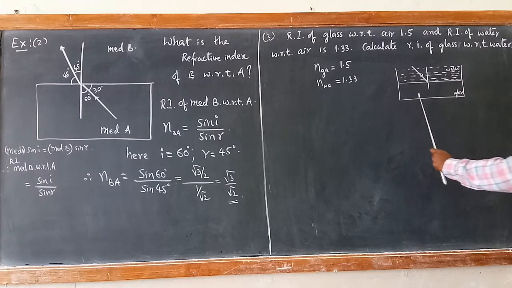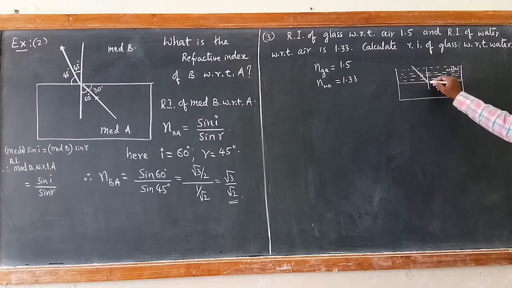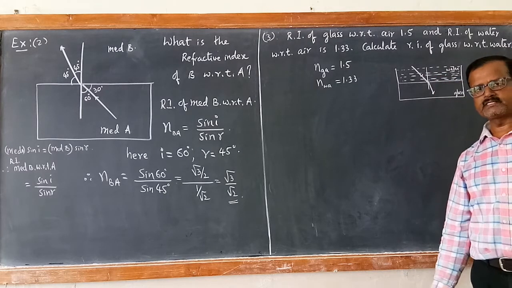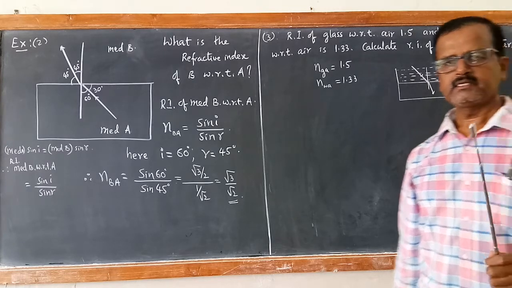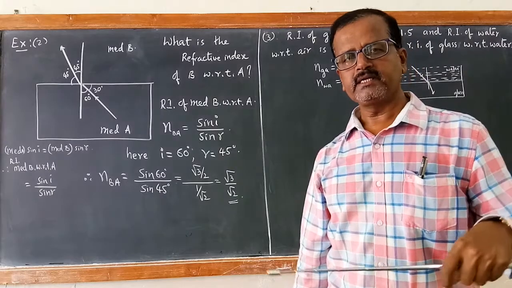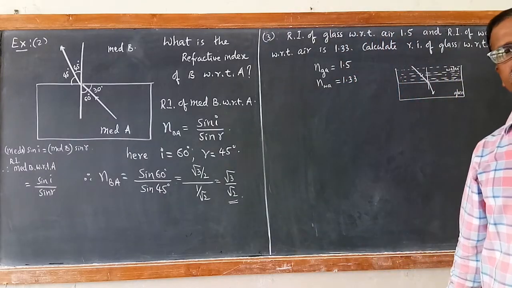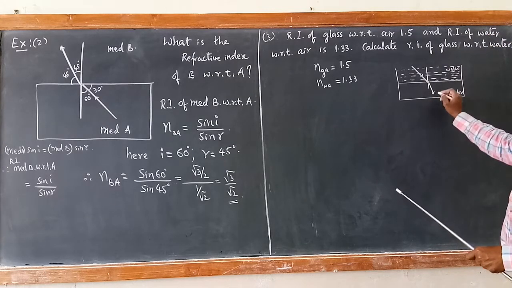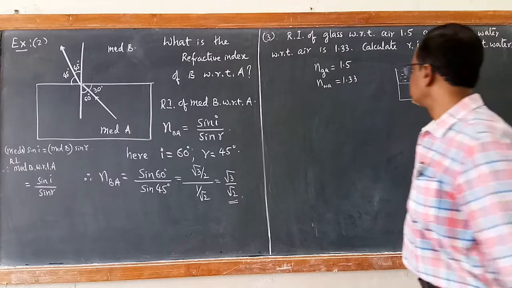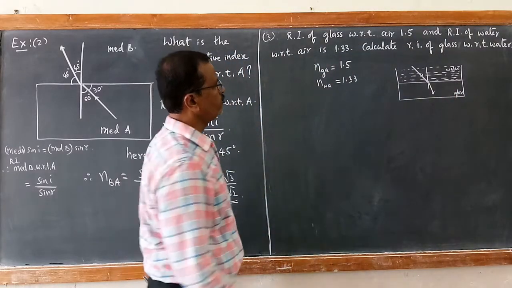Water is a rarer medium compared to glass, so it bends towards the normal in the glass. Whichever has more optical density, more refractive index, the bending of light takes place in that medium towards the normal. More and more bending takes place the more the optical density. So this is the simple diagram. You are asked to find the refractive index of glass with respect to water.